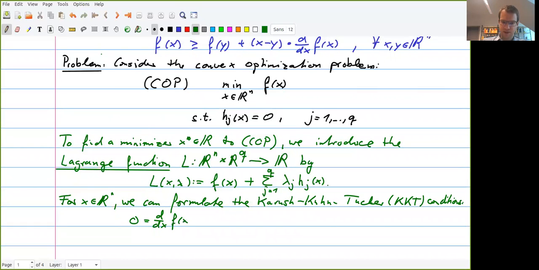So you take the derivative of f, plus you want to also keep the linear constraint in mind. So you take also the derivative of the Lagrange function, which means you also have to differentiate the linear constraints, which is easy because these are linear functions. And then, of course, you want to keep in mind that the linear constraints are fulfilled.